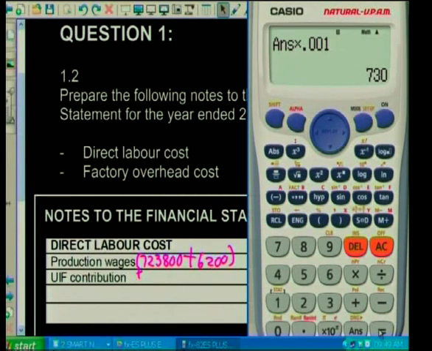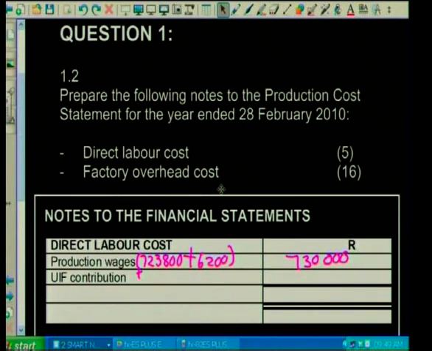I'm sure I did something wrong there. Let's just start over. Okay, so we had an amount of 730,000 times 1%, and that will give us our UIF, 7,300.